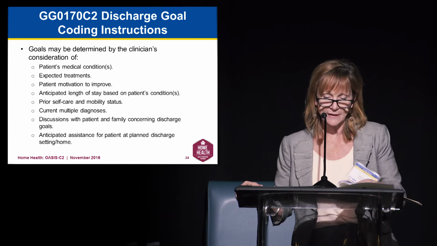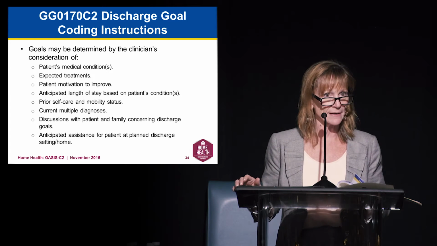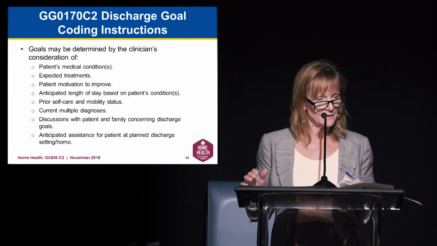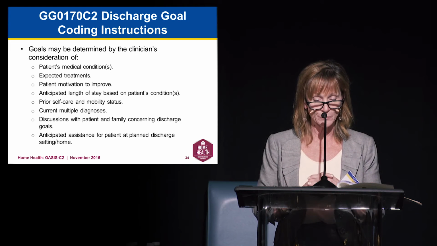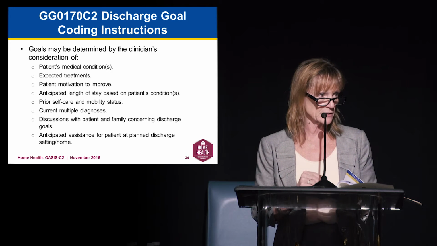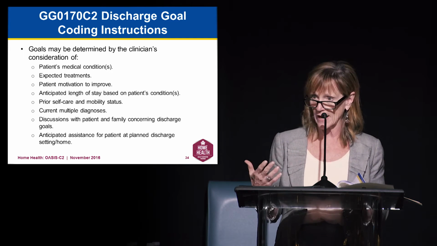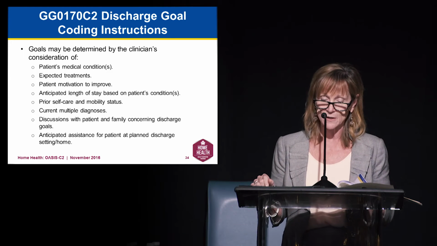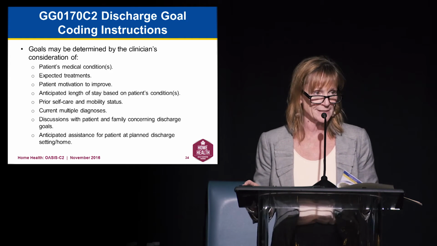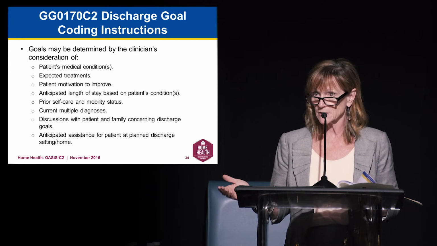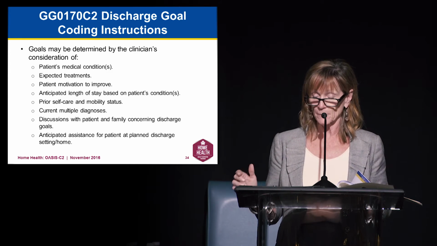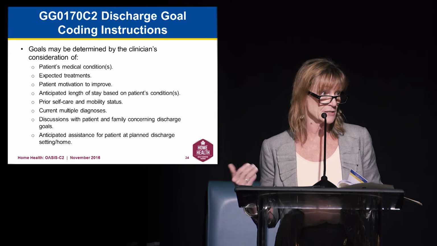So some of the coding instructions for this, and again, I'm sure this is not new information for you, are that the clinicians would really need to be considering various factors when they're trying to code GG0170C2 for the discharge goal. You'd need to really consider the patient's medical condition or conditions.